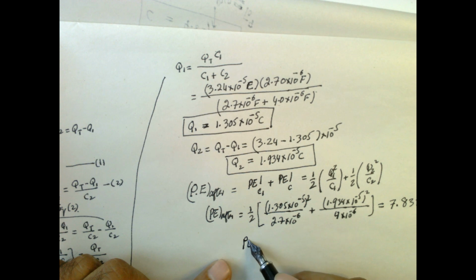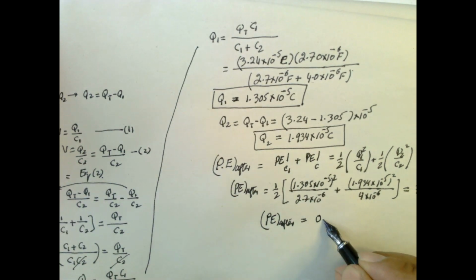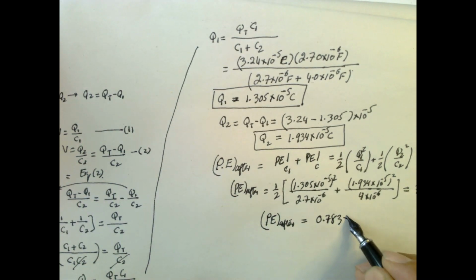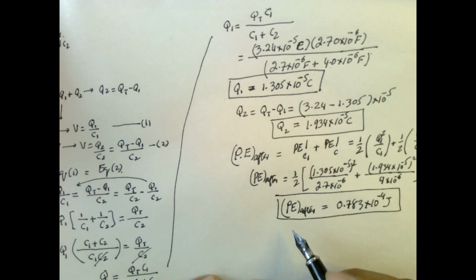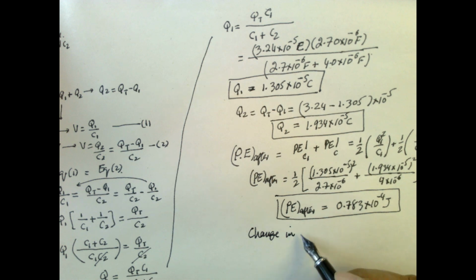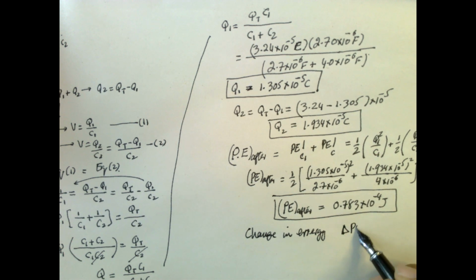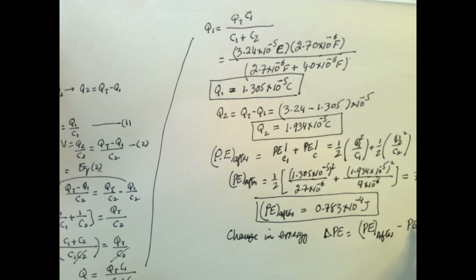So PE after, previously we had it in the form of 10 power minus 4, so this will be 0.783 times 10 power minus 4 joule. So this is after, and the change in energy, delta PE, is PE after minus PE before.